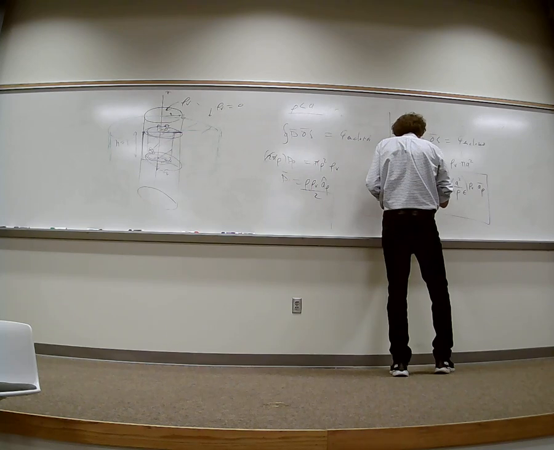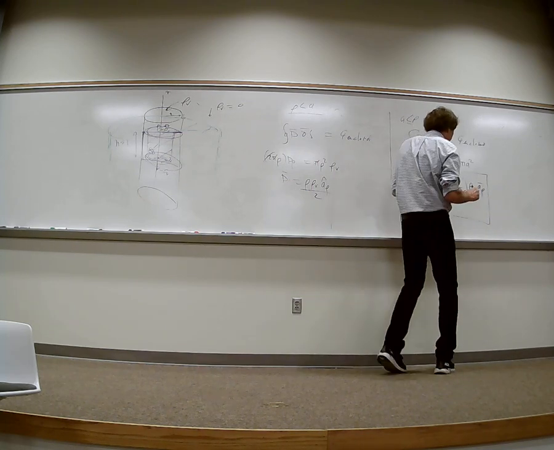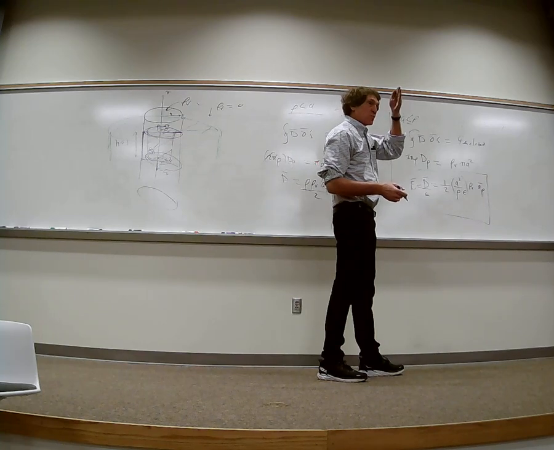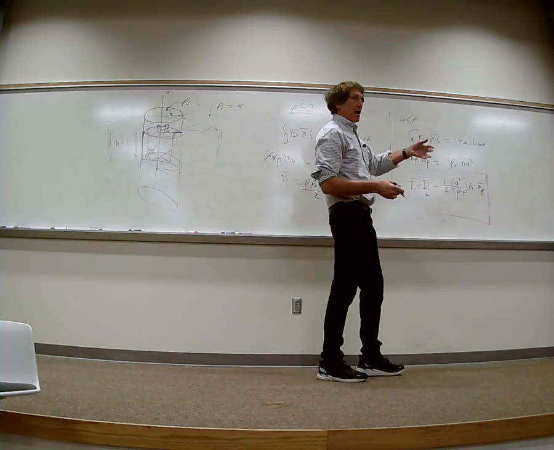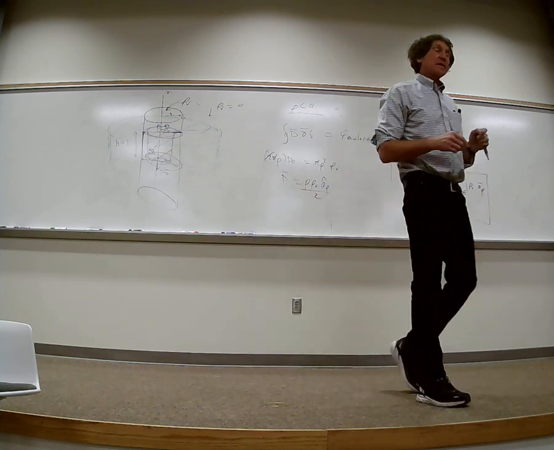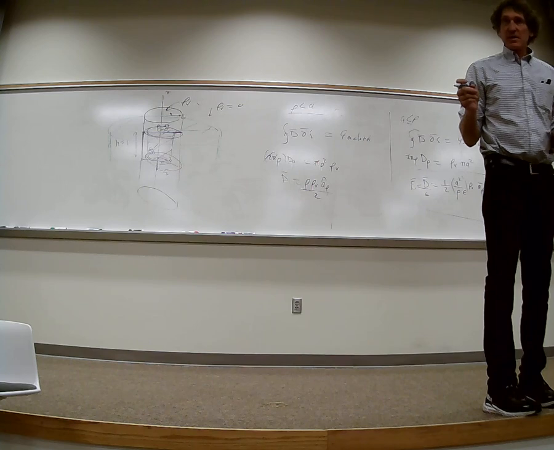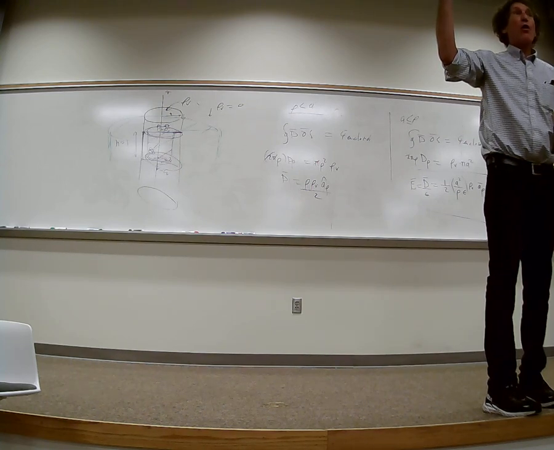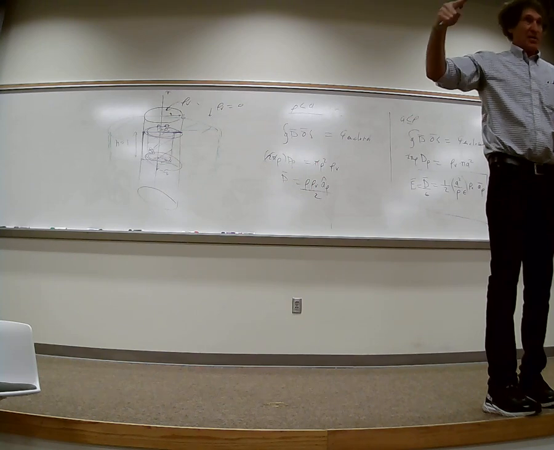Then I get the E field. And it falls off as 1 over r. It varies as 1 over the radial distance. That's an important fact to know. How fast does the E field vary, static E field, from a point charge, class? It varies as 1 over r squared, right?